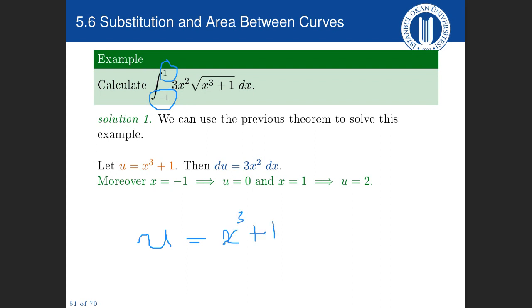For the lower limit, x is -1, so we have -1 cubed plus 1, which is 0. So our new lower limit of integration is going to be 0. And then we do the same thing for the upper limit of integration. In the orange formula, replace x by 1, we get 1 cubed plus 1. Our new upper limit of integration is going to be u is equal to 2.